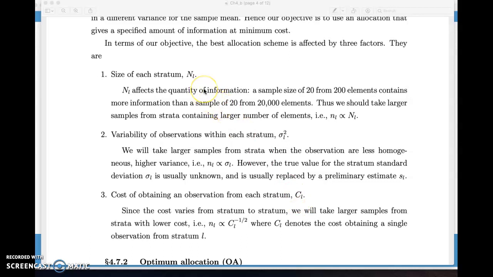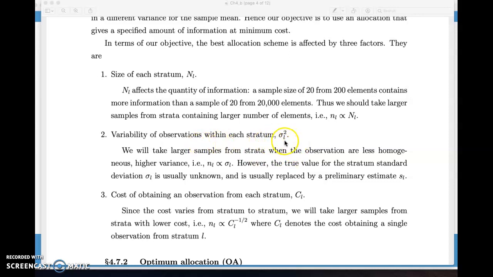So we may consider that our sample size nL would be directly proportional to capital NL, the population size of a particular stratum. This is quite trivial because the larger the population size, the more sample we are likely to collect. Secondly, the variability, which is sigma L squared.